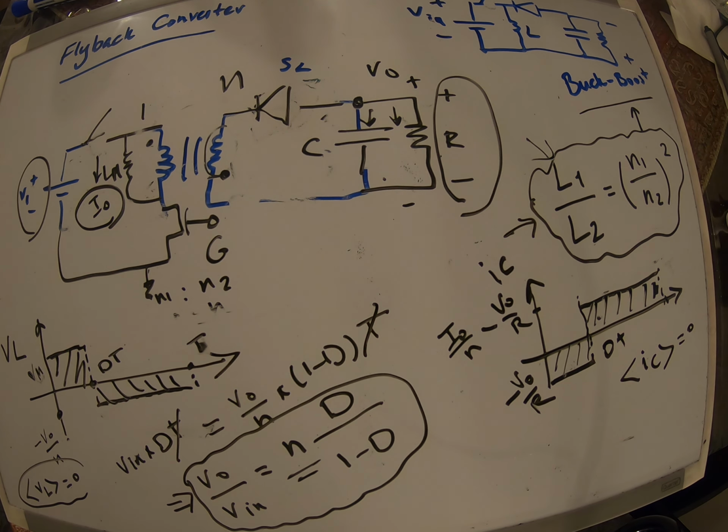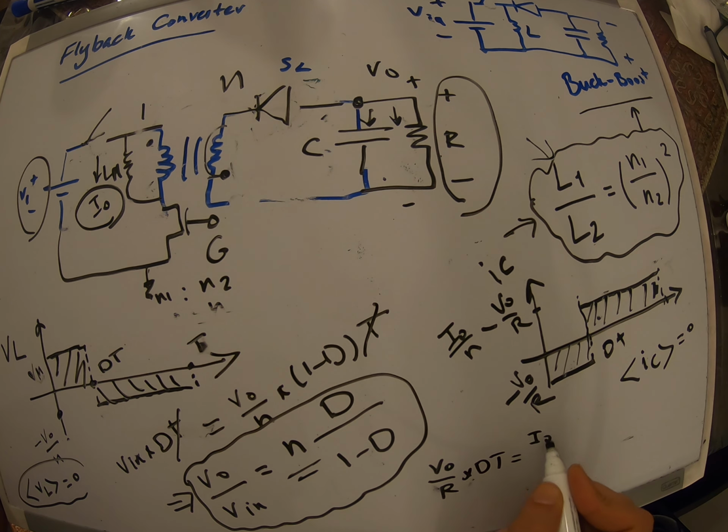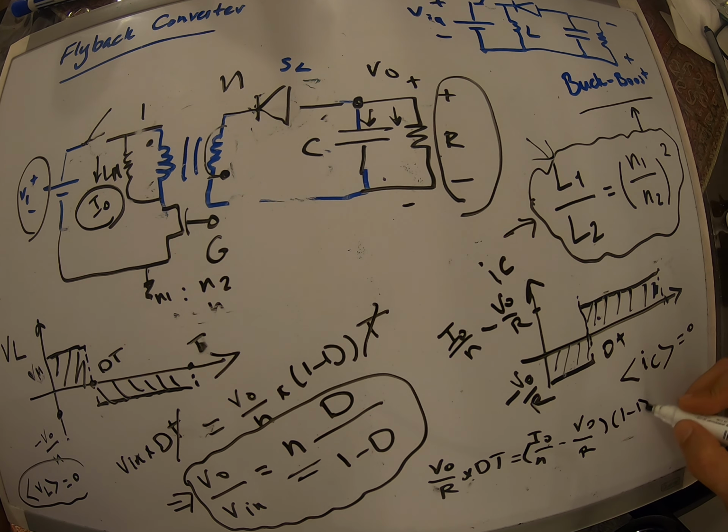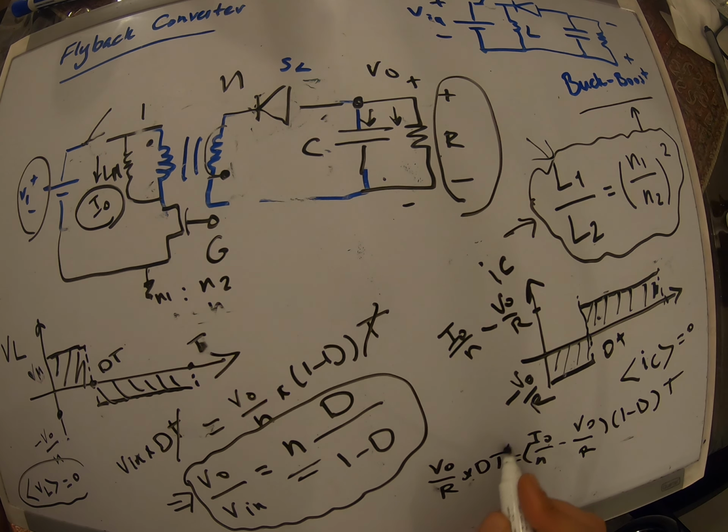So if we do this, I have to basically write VO over R times dt is equal to IO over N minus VO over R times 1 minus dt, and simplify this.